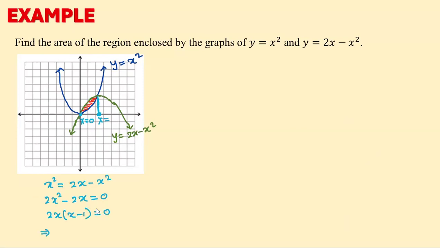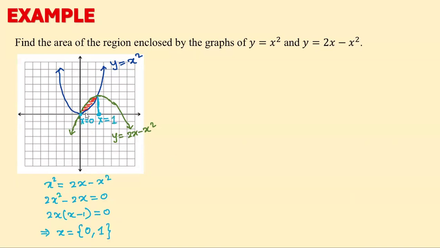So if we use the zero product property, either the first factor is 0 or the second factor is 0. If the first factor is 0, 2x equal to 0, then x is equal to 0, which we already have here. And if x minus 1 equal to 0, then x equal to 1. So that is the second value that we are looking for.